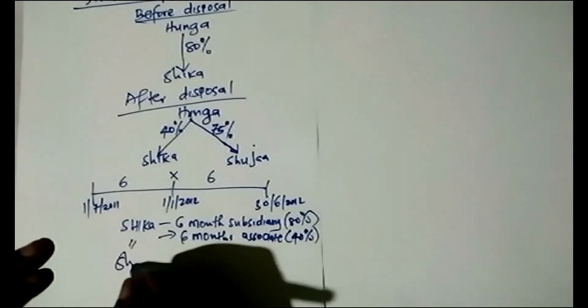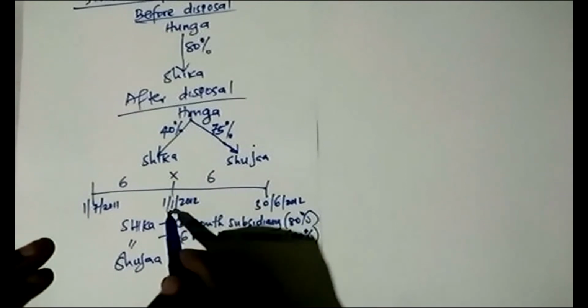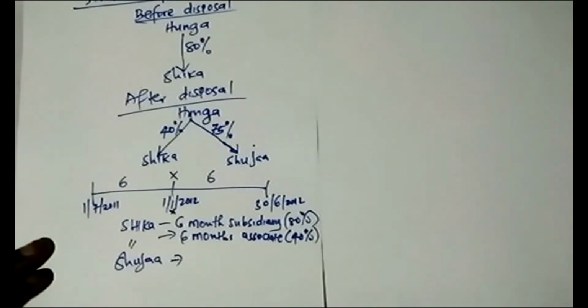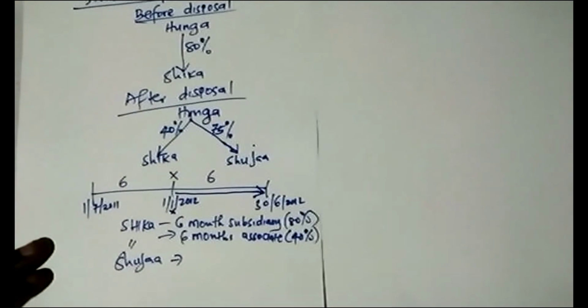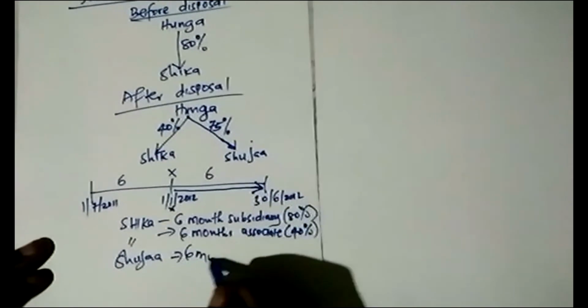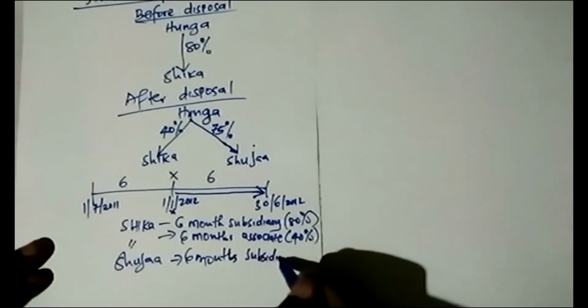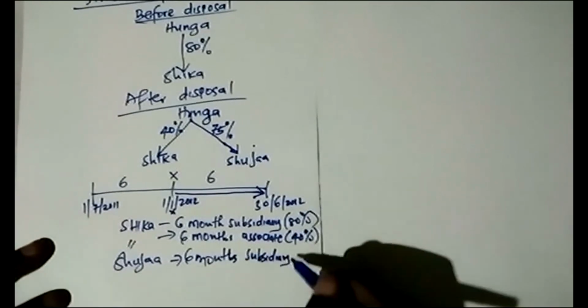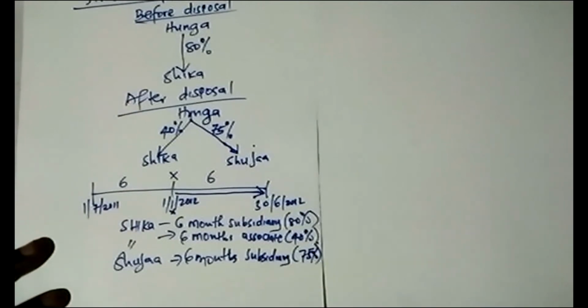What about Shuja? Remember that Shuja was acquired immediately on the date of disposal of Shika, which is 1st January 2012. So Shuja existed for the last 6 months from 1st January. That is 6 months subsidiary, at 75%.